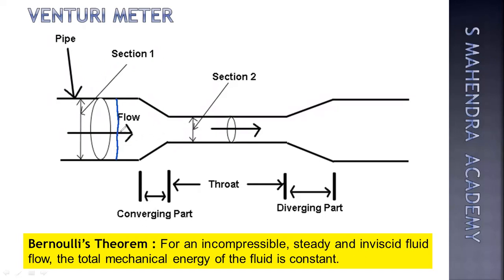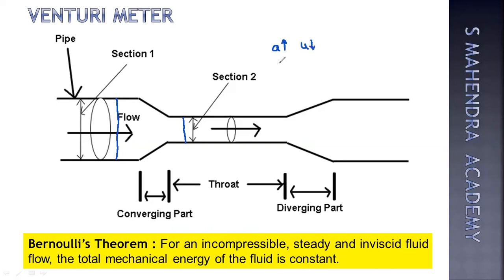Here, the cross-sectional area of the inlet is more as compared to the cross-sectional area of the throat. So as the cross-sectional area of pipeline available for fluid flow increases, the velocity will decrease.